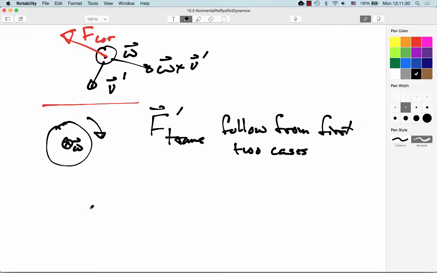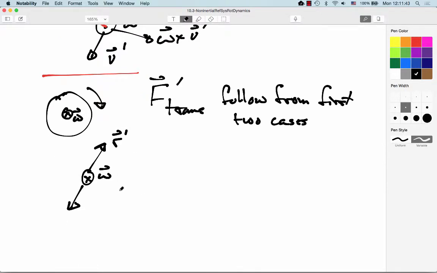So to get our centrifugal force, omega is pointing in like so. There's my r as before. So omega cross r points that way. Omega cross r points that way.